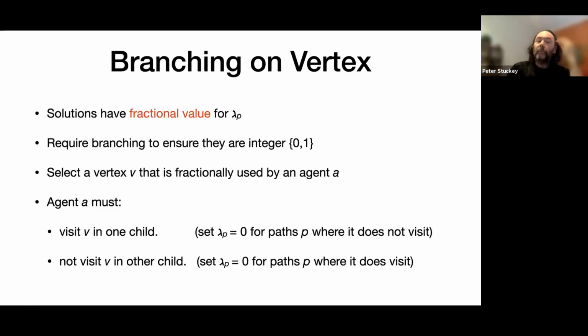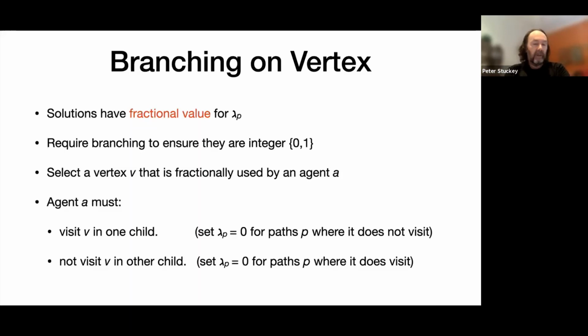So we have to remember that we need these variables to be 0, 1 in the end. So we're going to select a vertex that is fractionally used by some agent A, and we're going to branch on it. Either it must visit that vertex, or it cannot visit that vertex. And we can do that by setting lambda p to 0 for the paths which don't satisfy the various conditions.